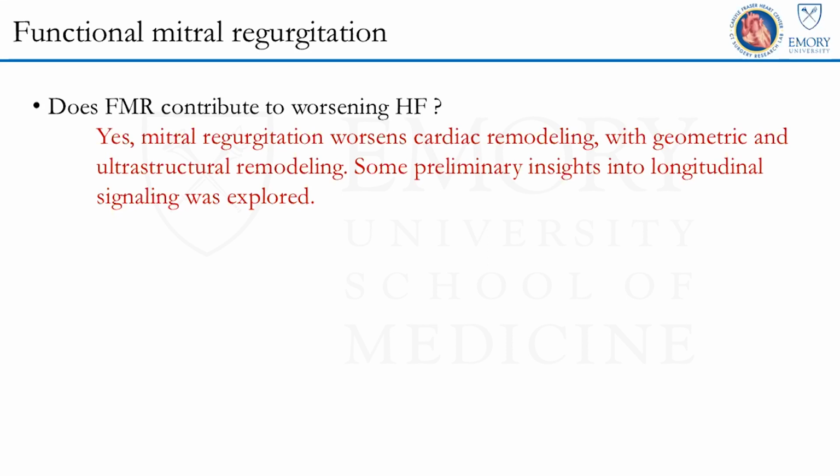And we have provided some preliminary insights into the longitudinal signaling that could be occurring over time, and which also changes over time. This could be quite important in understanding not only the impact of various drugs or identifying different drugs to inhibit this remodeling, but also the opportune time for intervention in these animal models. However, that is work that needs to be continued.